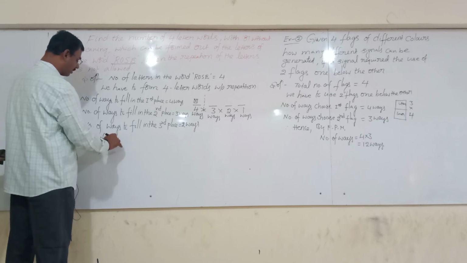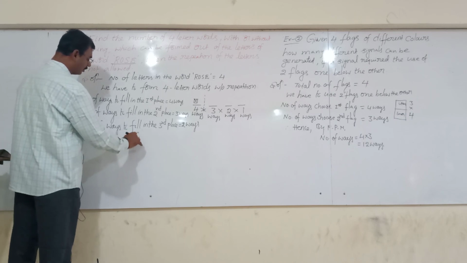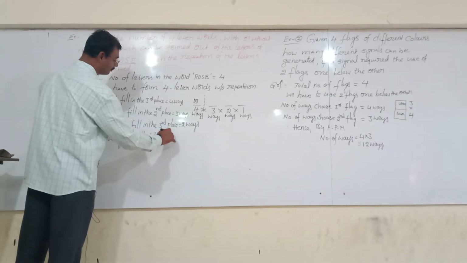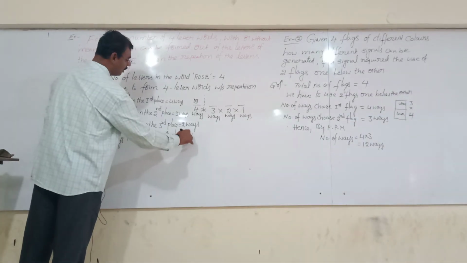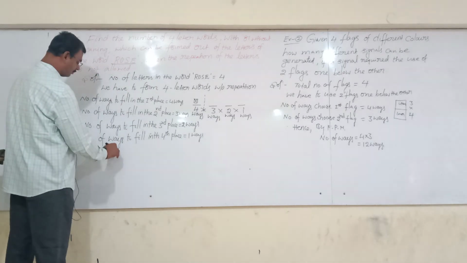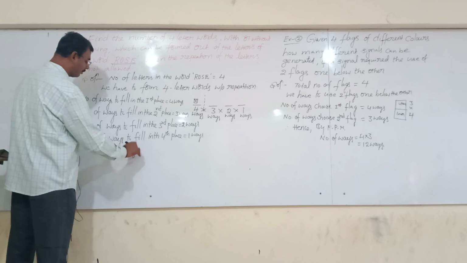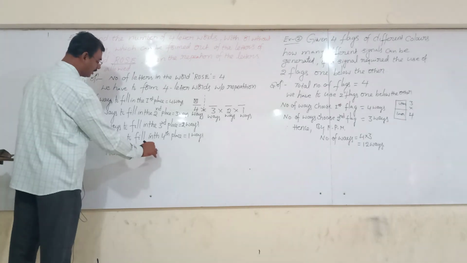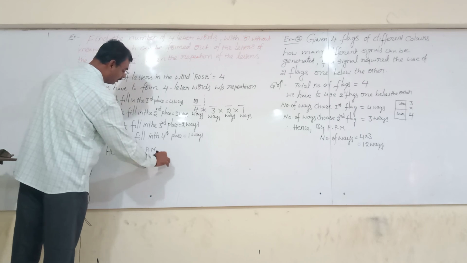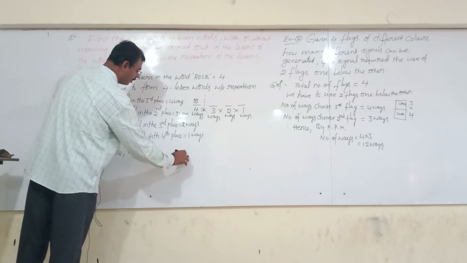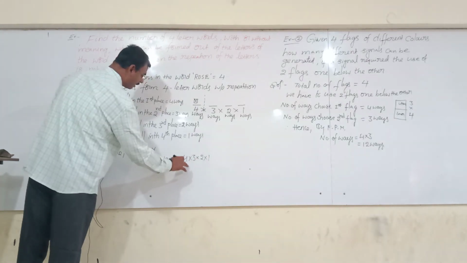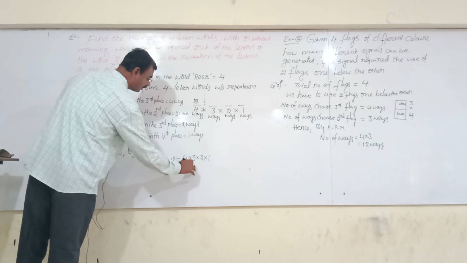The number of ways to fill in the fourth place is equal to 1 way. Hence, by the fundamental principle of multiplication, the total number of ways is equal to 4 into 3 into 2 into 1, which is equal to 24 ways.